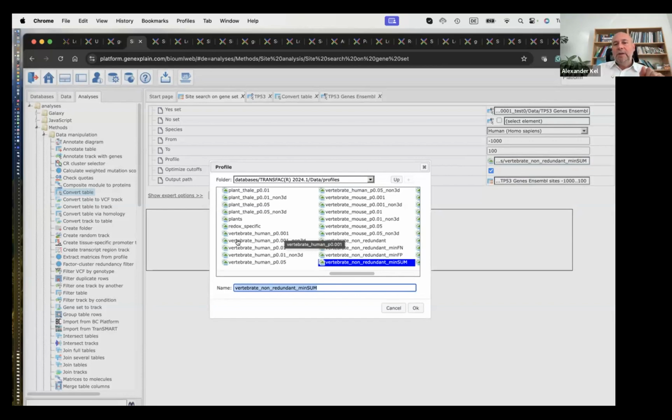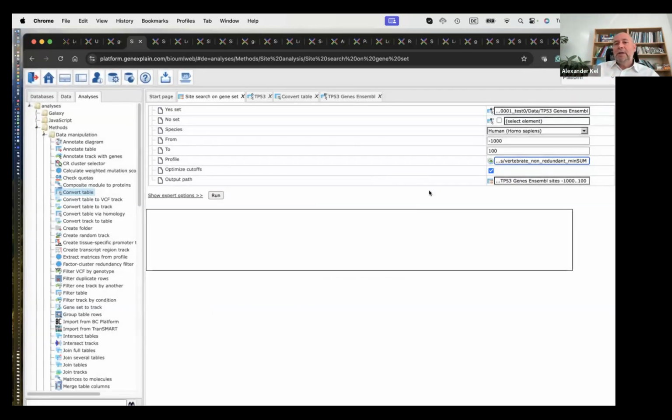I will talk about these cutoffs if you like, because just having a motif is one thing, but you have to set a cutoff, a particular threshold after which you call something a binding site or not. So here we will select the non-redundant profile, and min sum is about the cutoff. Min sum is quite an optimum cutoff which balances between false negatives and false positives, and it's reasonable to use.